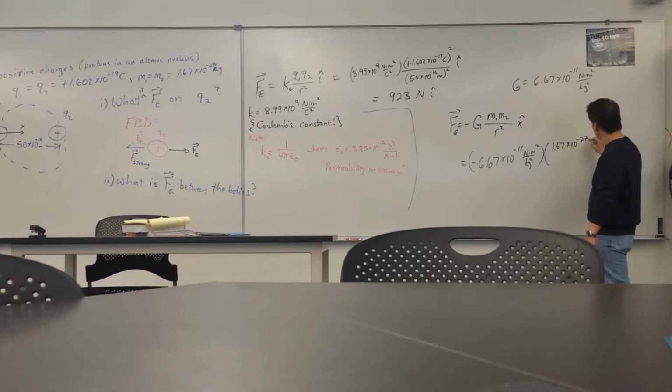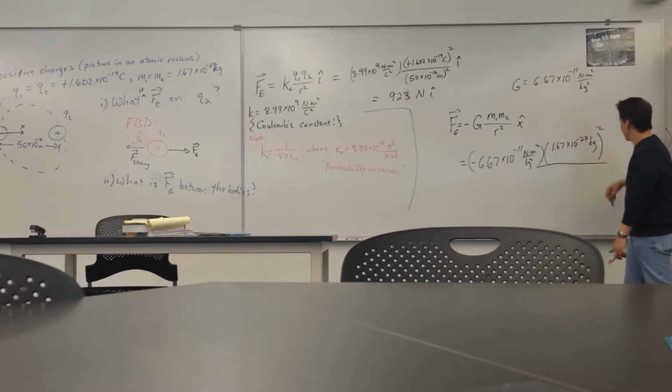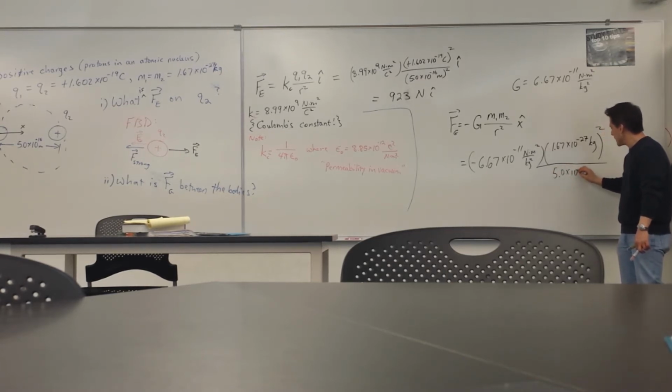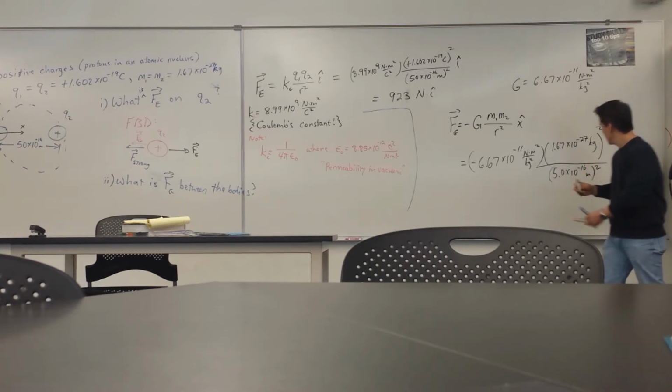We'll divide this by, again, the same 5 times 10 to the negative 16 meters squared. So, on the surface, if we look at this, we might just say, okay, there's negative 38.